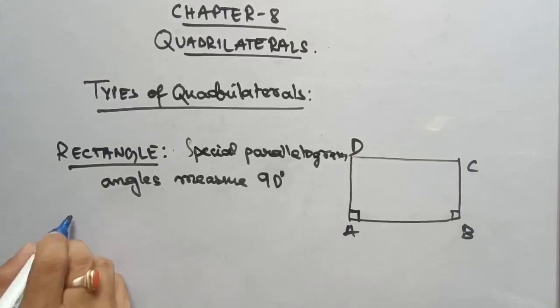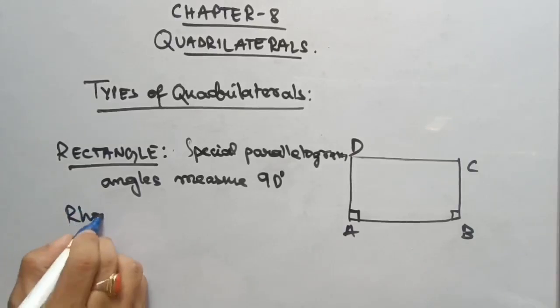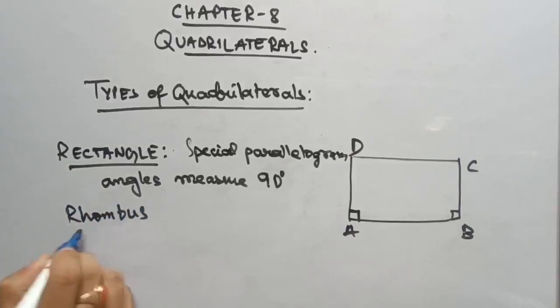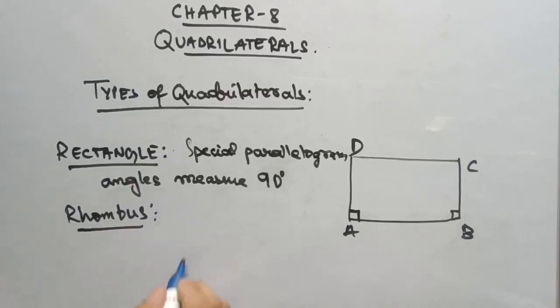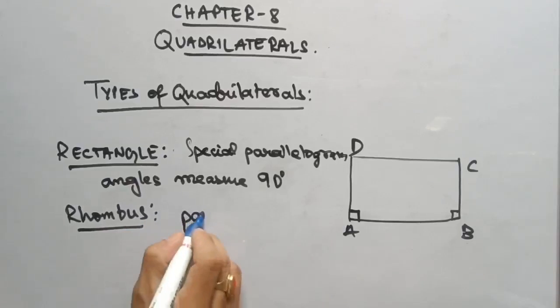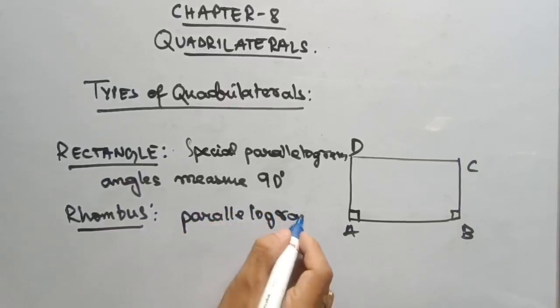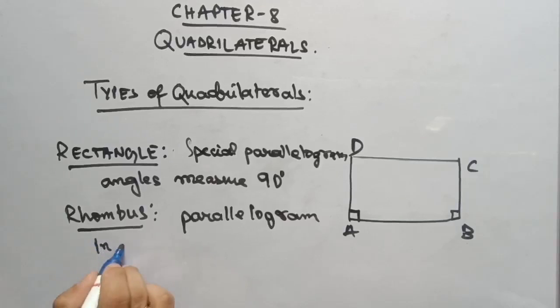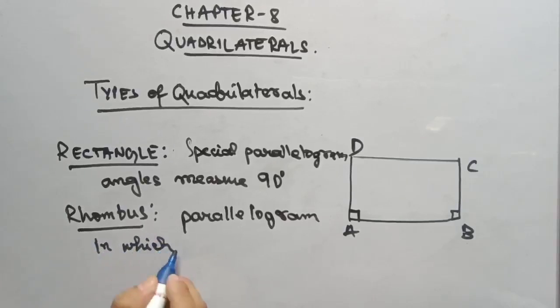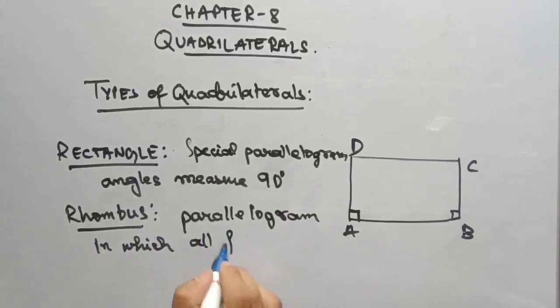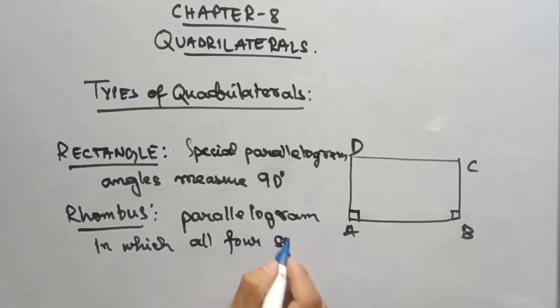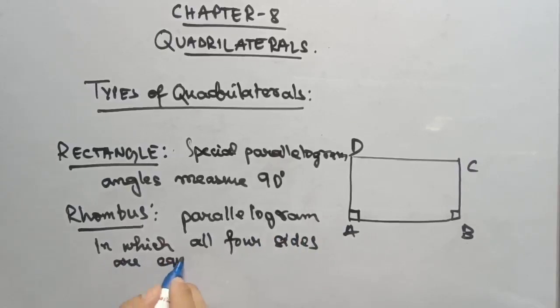Next type of quadrilateral is rhombus. Rhombus is also a type of parallelogram in which all four sides are equal in length.